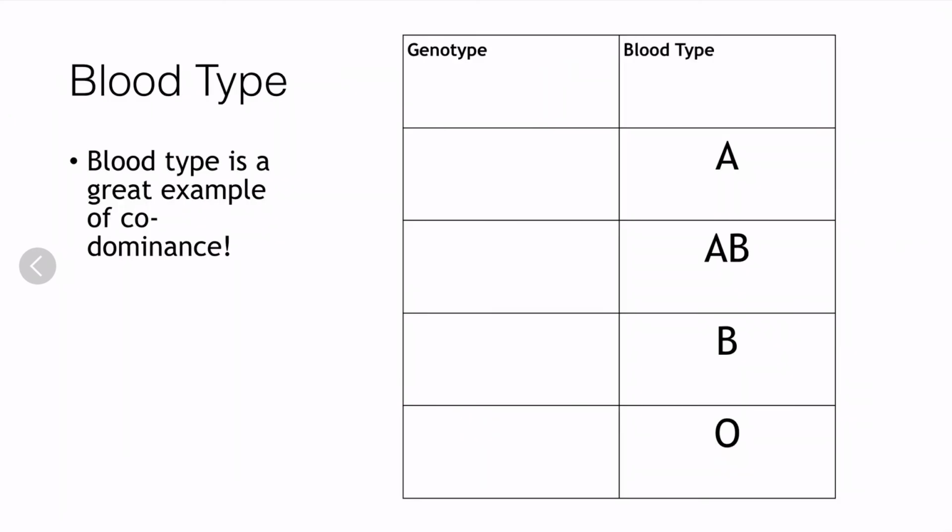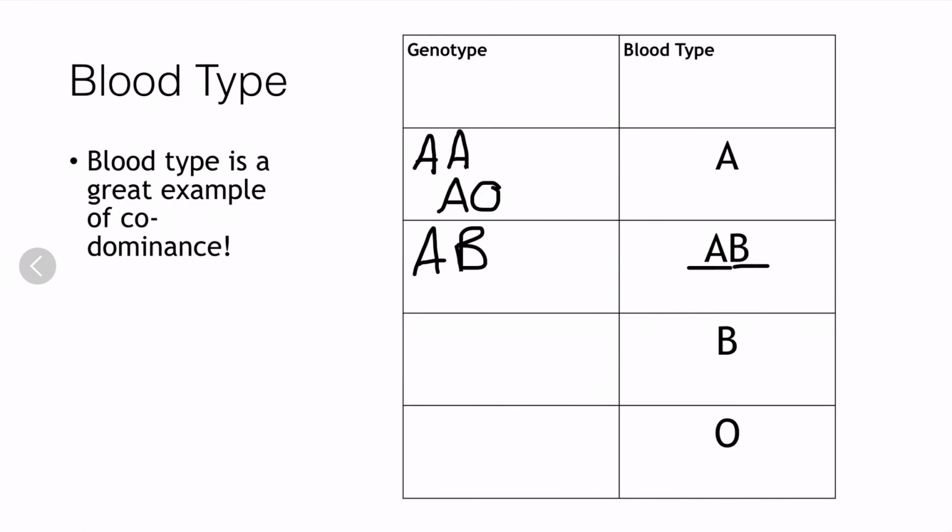Okay? So, blood type is an example of codominance. So, if I have the genotype AA, then I would have the blood type A. Okay, I could also have AO here. I would have the blood type A. If I had AB blood, my genotype would have to be A and B. I see both A and B being expressed here.